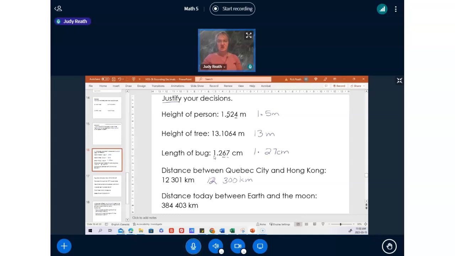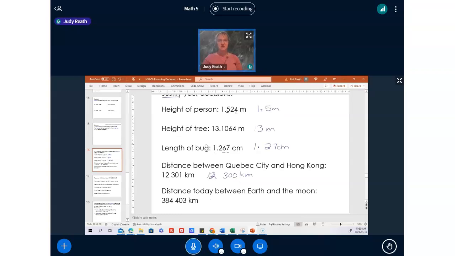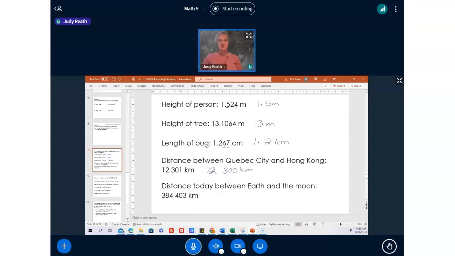So we're not sure exactly, I don't know if this is exactly how far it is today or not. But I would say we probably don't need to know more than 384,000 kilometers. Because I can't even imagine that distance, let alone any more.